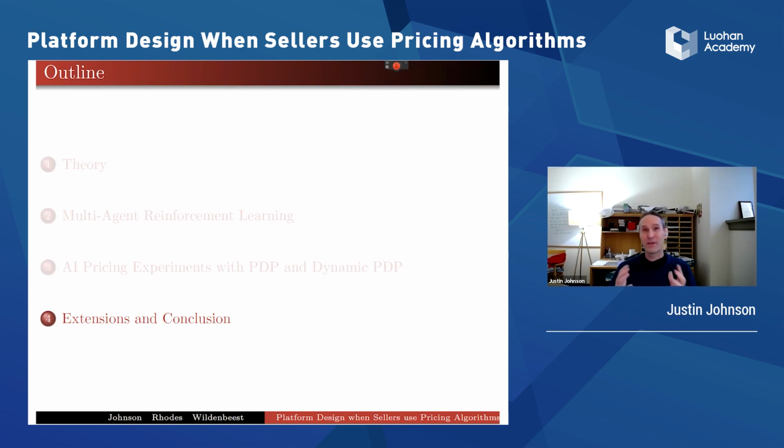If the products are more differentiated, then you need to use this more sophisticated dynamic PDP policy. And there we get very strong results that show that the algorithms behave close to what theory predicts. They lower their prices dramatically, especially when you make the algorithms a little bit smarter. And so far we think this shows a lot of promise that algorithms can use some of the ideas from economics to steer how demand or how algorithms work on the marketplace.